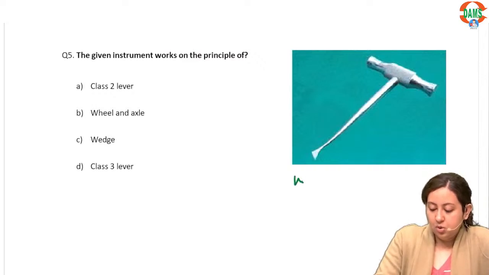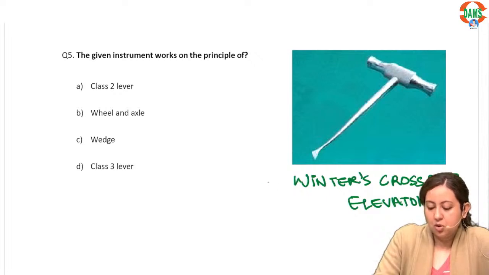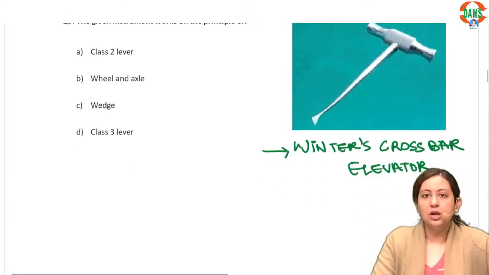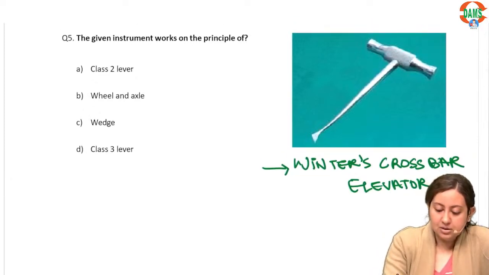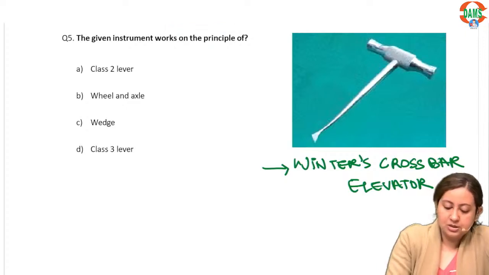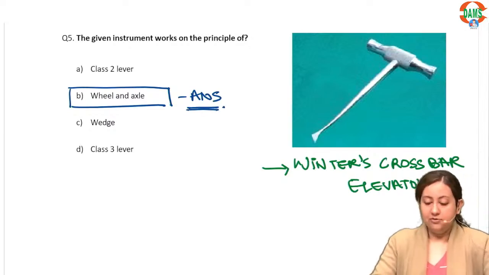If you look at this, this is a Winters crossbar elevator. So amongst the given options, it works on the principle of wheel and axle.